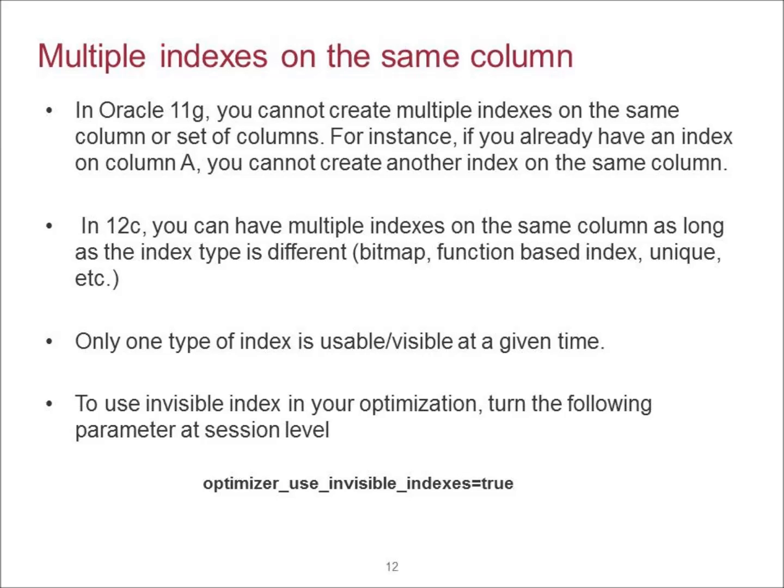Now in order for Oracle to use the invisible index, you need to turn on the following parameter. The parameter is optimizer_use_invisible_indexes set to true, and by setting this, only then can the optimizer use this index.